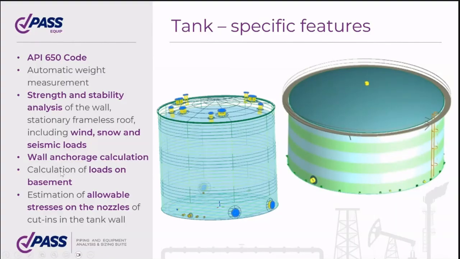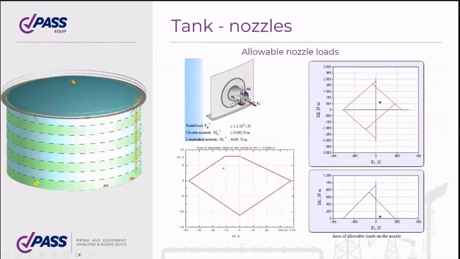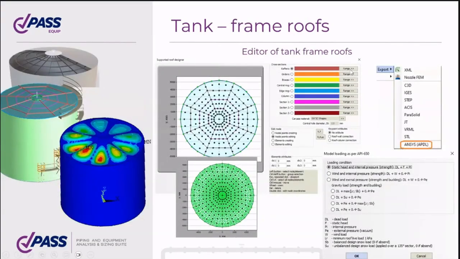And you can calculate loads on the basement, and you can calculate roofs and frame roofs. And here is how you make diagrams of local nozzle loads for nozzles in the wall of the tank. And here is a frame roof.